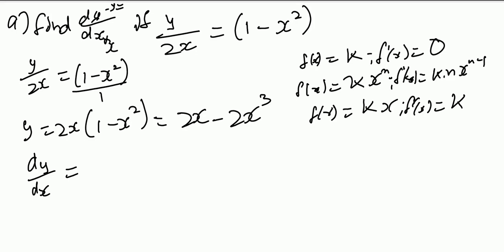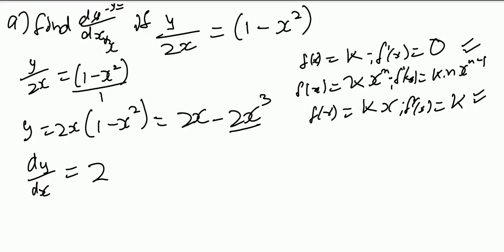So in this case, we are back again here. We have 2x. When we differentiate 2x, we are going to use which rule? The last one. Since it contains x to the exponent 1, we are going to be left with k, which is 2. Then for the next term, we are going to use the second one, since we have our n being 3, our k being negative 2.